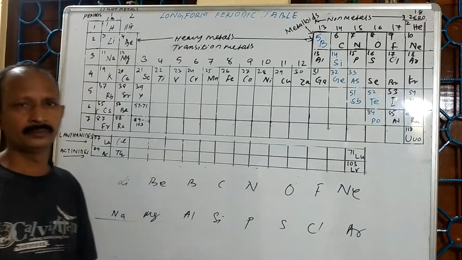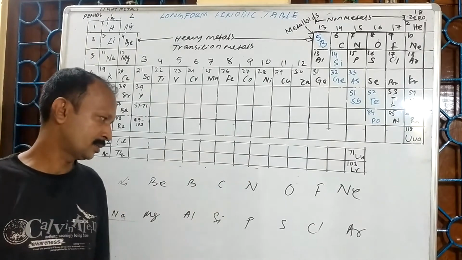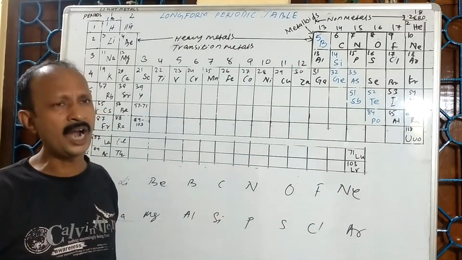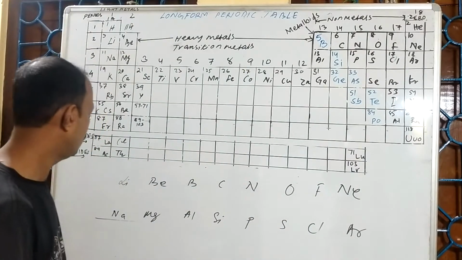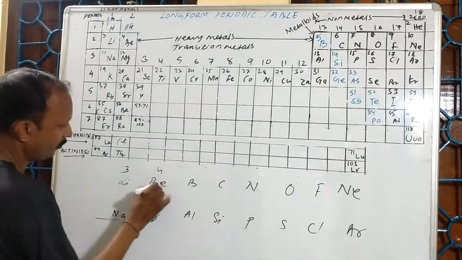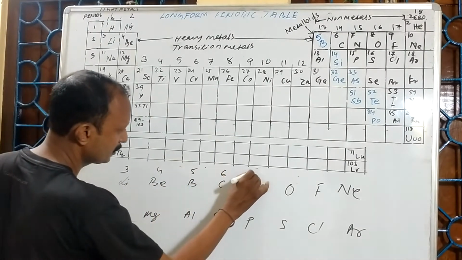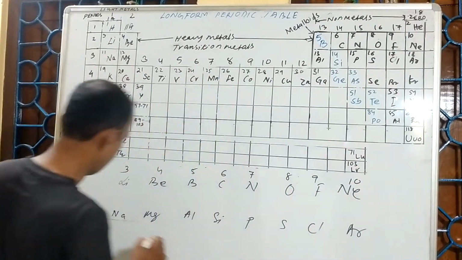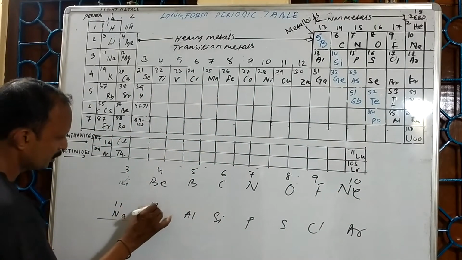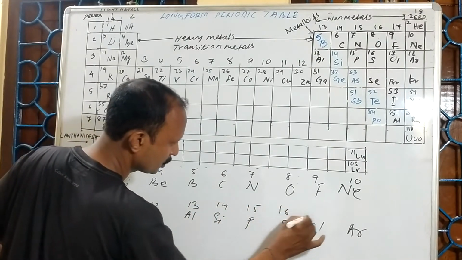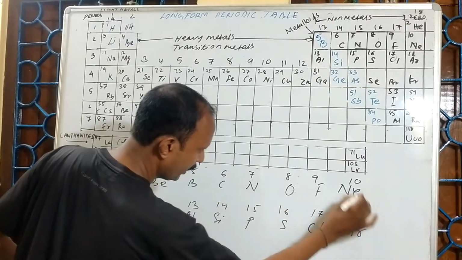See that? I have written these elements according to the increasing order of their atomic numbers. You know that the atomic number of lithium is 3, 4, 5, 6, 7, 8, 9, 10. Again here sodium 11, 12, 13, 14, 15, 16, 17, 18.